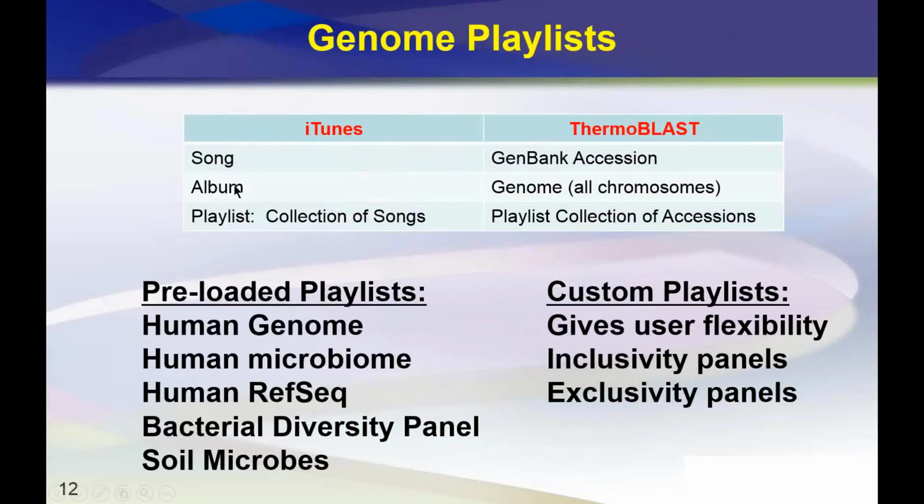A small collection of songs in iTunes would be called an album. In ThermoBLAST, a small collection would be like a genome, for example, combining all the sequences found in the chromosomes. For example, a human genome has 22 autosomes and an X and Y chromosome. So the combination of all of those is a small playlist that we would call a genome.